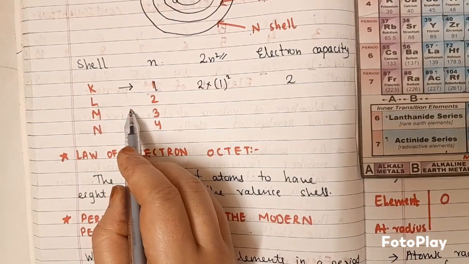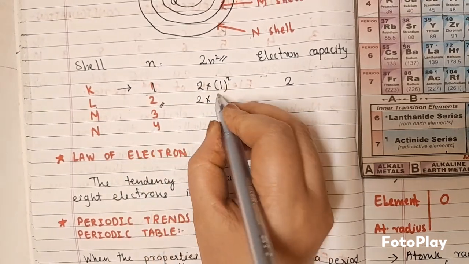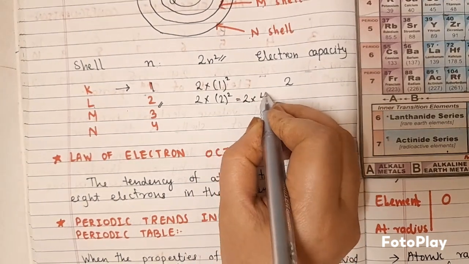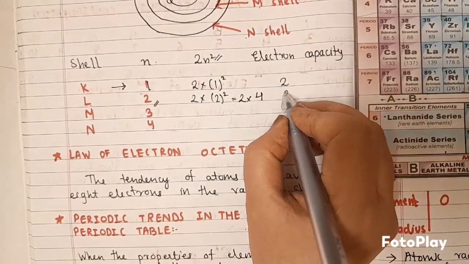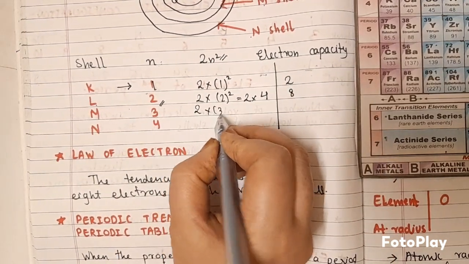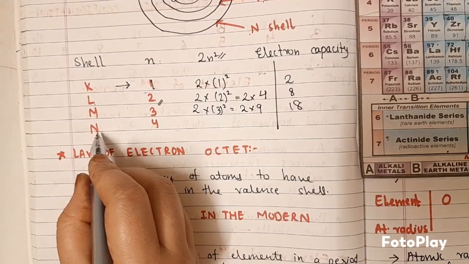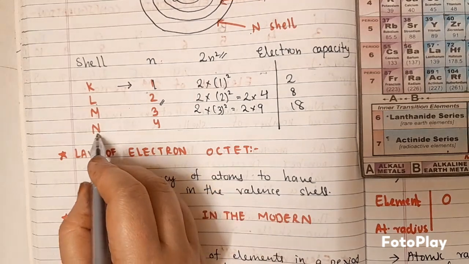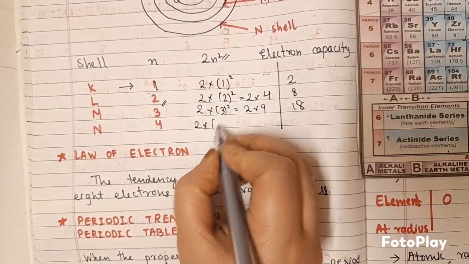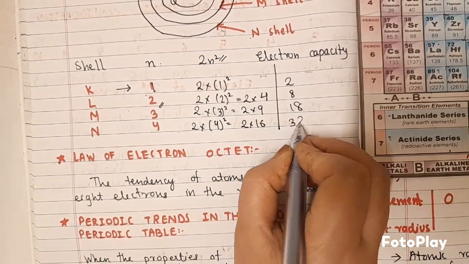L is the second shell, so in the 2n squared formula, n is 2. 2 into 2 squared is 2 into 4, so the electron holding capacity of the second shell is 8. For the third shell, it will be 2 into 3 squared, so 2 into 9, which is 18. Similarly for the N shell, the value of n is 4, so 2 into 4 squared, which is 2 into 16, that means 32.